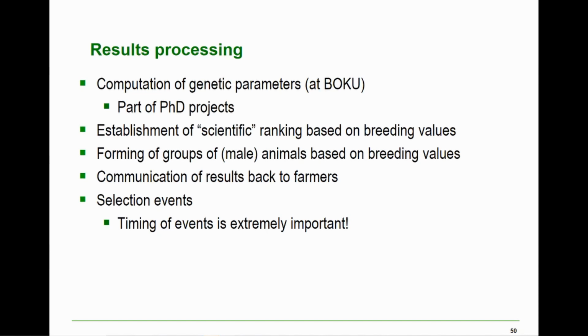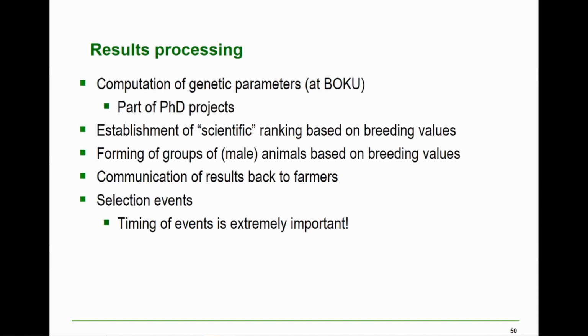Because, of course, this can easily happen, because we have to remember that these animals are kept as production animals and not as breeding animals. So we need to ensure that really what we wanted to keep as a breeding animal is kept.